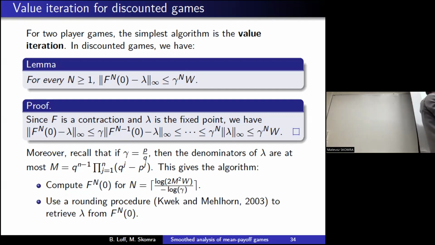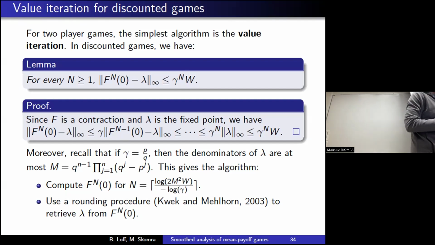So by doing this sufficiently many times, I am less than 1 over 2m square from the actual real number that I search for. So I take my approximation and look at the interval of length 1 over 2m square, and I want to find the only rational number with denominator bounded by m in this interval. And this is precisely what's done here.